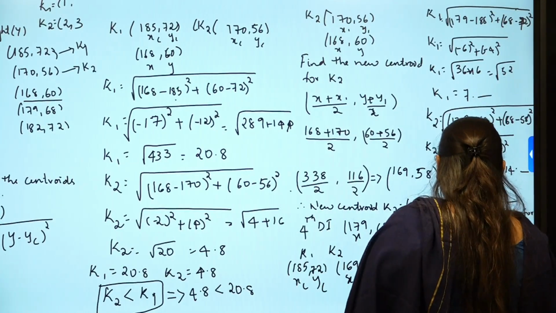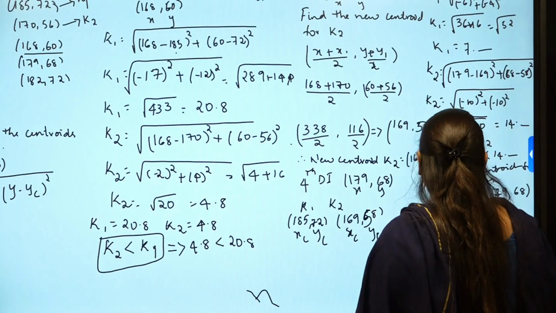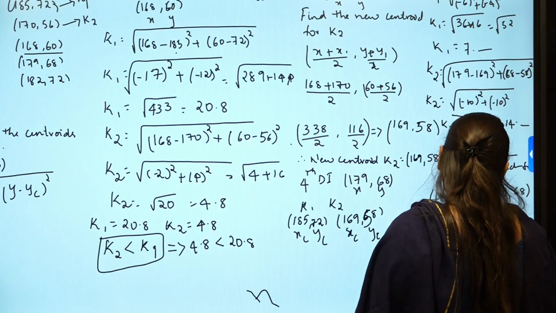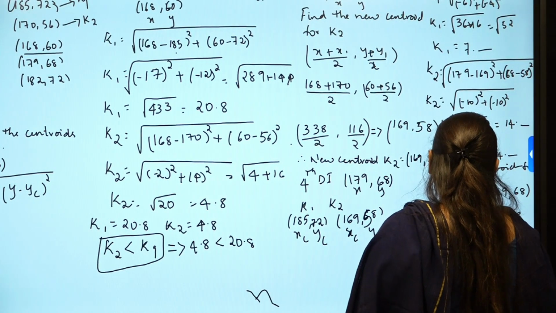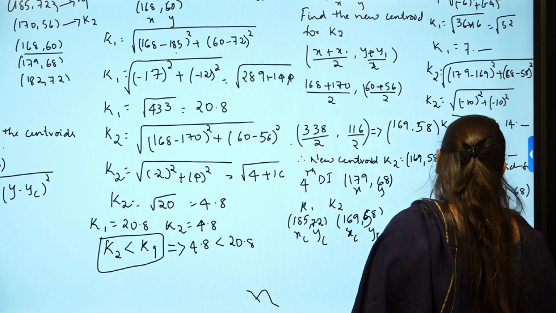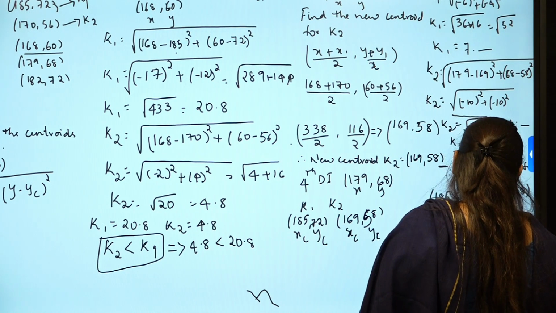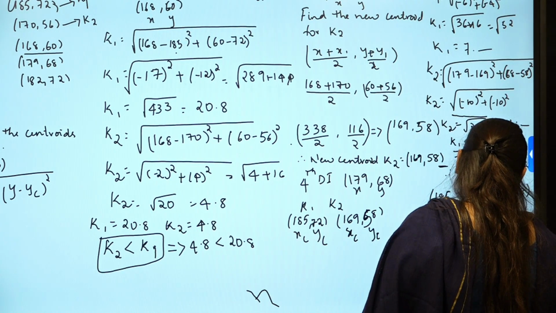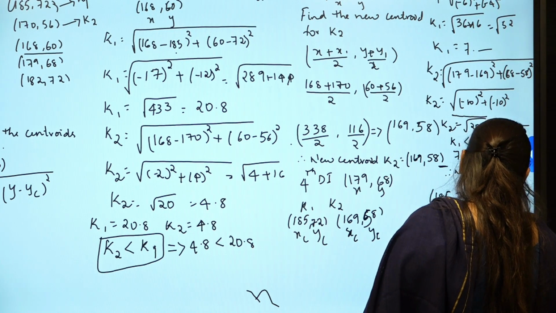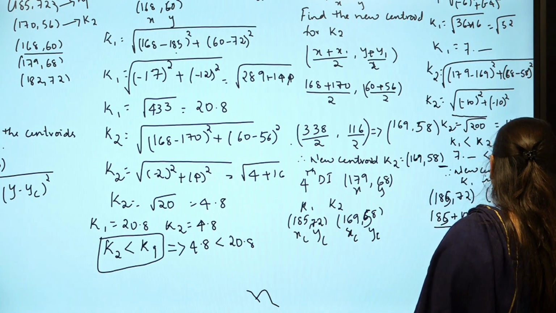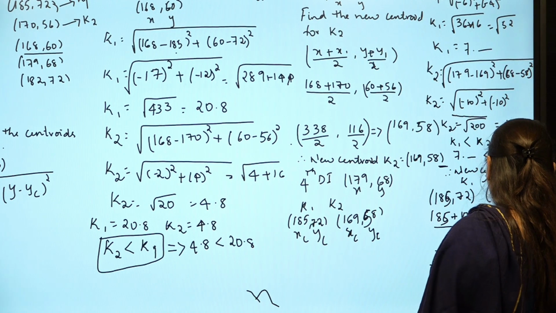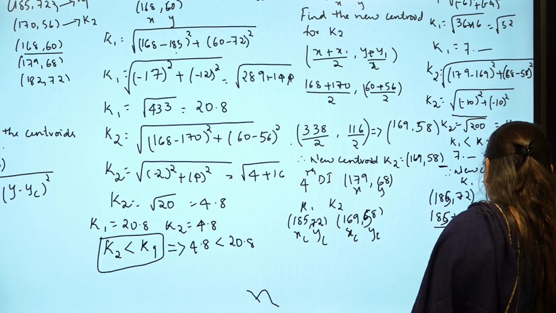So here you will be getting it as 185 plus 179 is 364 by 2 comma 140 by 2.